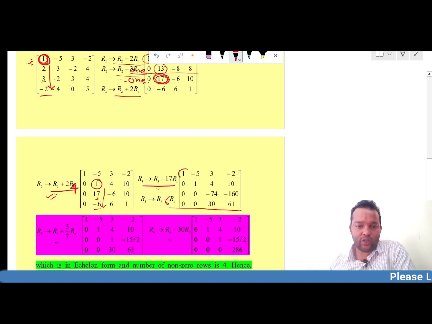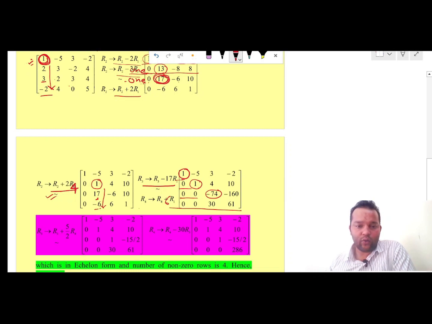Now the first non-zero entry in the first row is 1, and the first non-zero entry in the second row is 1, and the first non-zero entry in the third row is minus 74. The number of zeros before this first non-zero entry is 0, here 1, here 2. Again in the last row there are again 2 zeros before the first non-zero entry. In the third row there are 2 zeros.